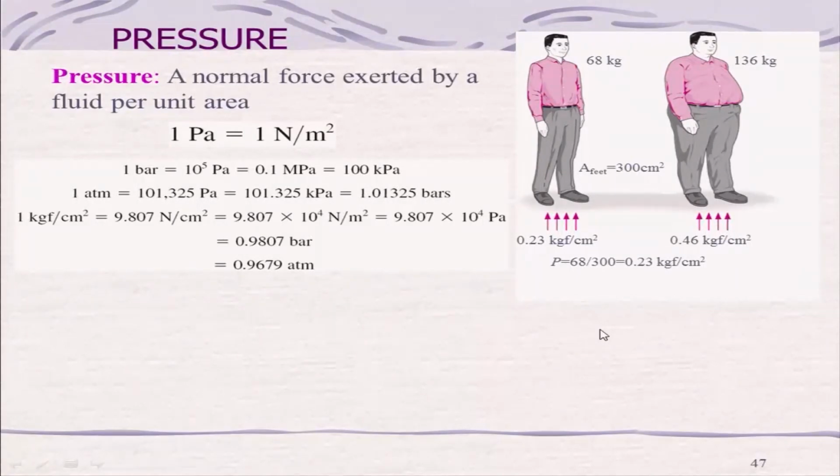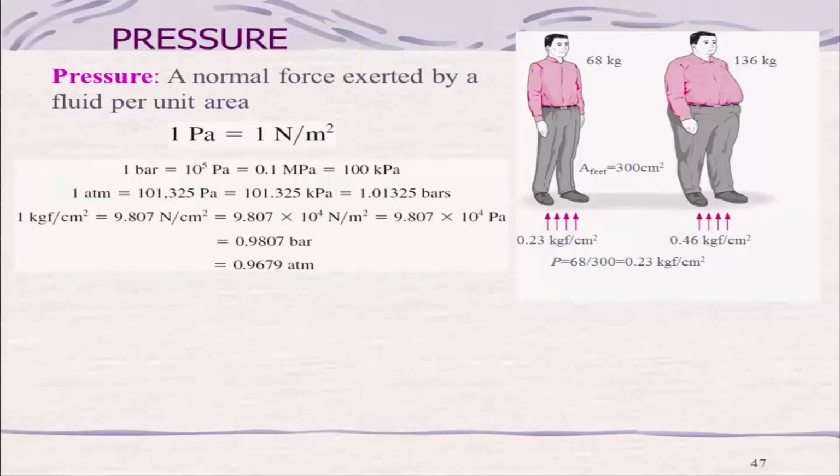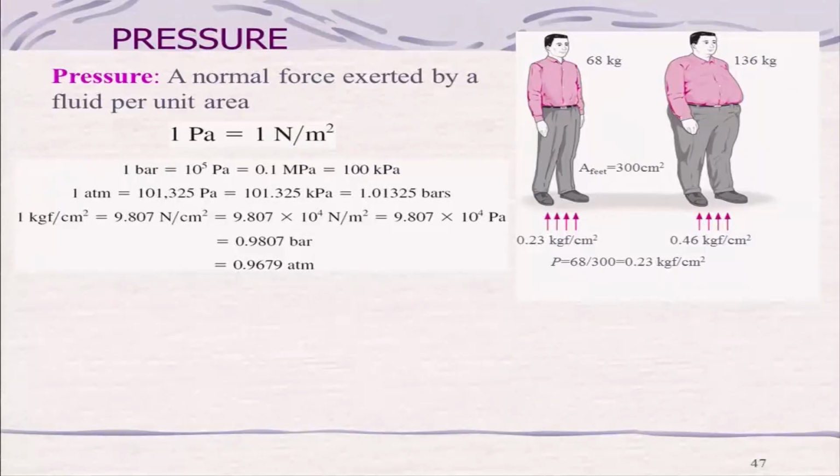But now he has taken a lot of food and become fat, his weight has almost doubled, let us say, which is not generally the case. His foot area remains the same, so the pressure applied by the same person becomes twice of what it was earlier, because the mass has increased.